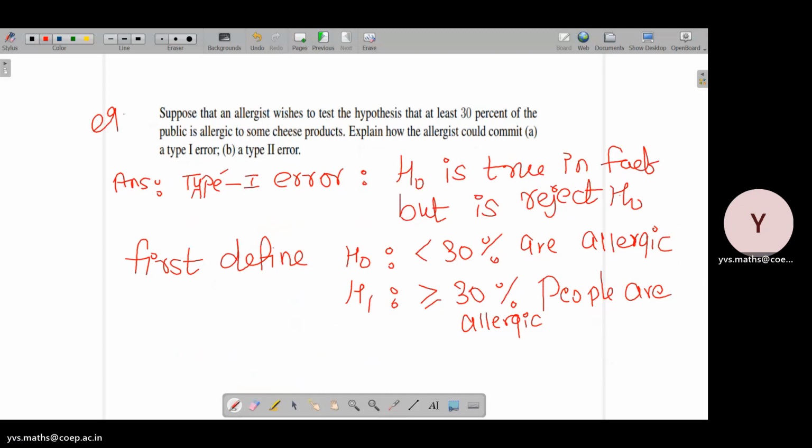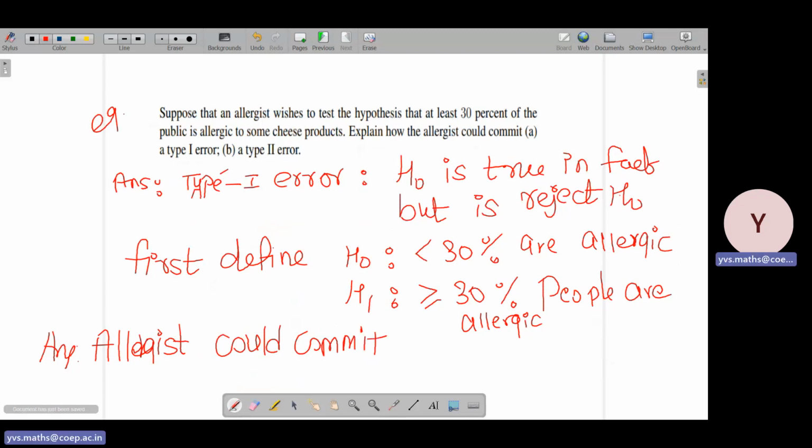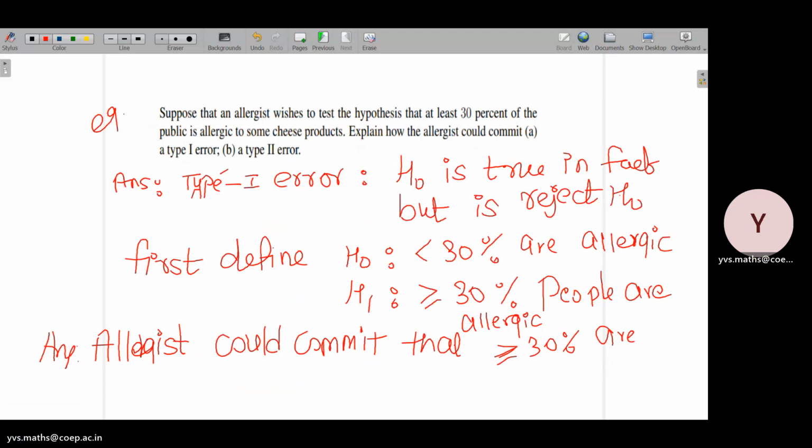So the answer is: the allergist could commit, that greater than or equal to 30% are allergic, but in fact less than 30% are allergic.